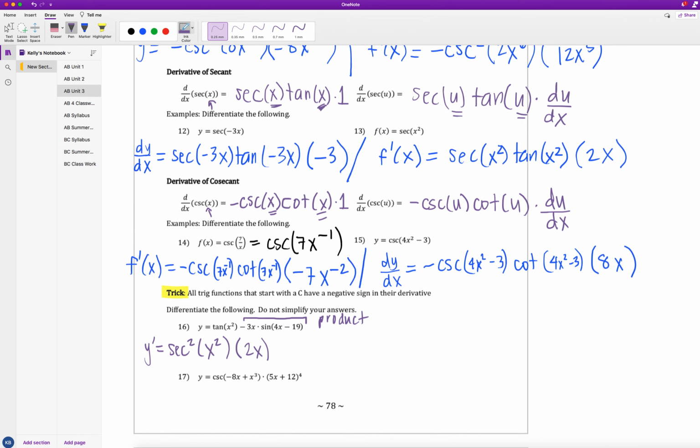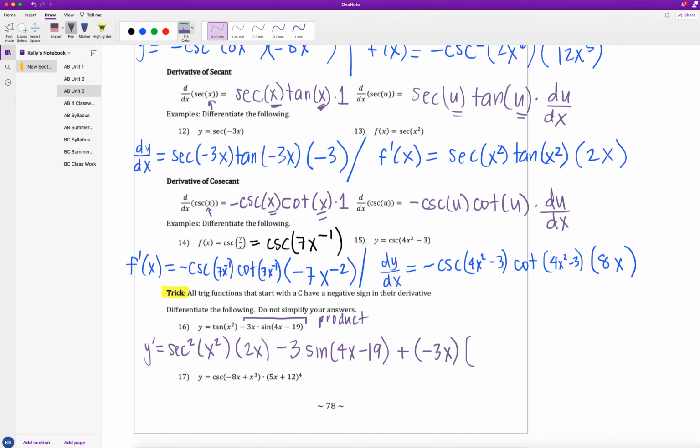I have a negative 3x as my first function times the sine function. The product rule tells me that I take the derivative of the first function, so the derivative of negative 3x would be negative 3. Keep the second function the same, so the sine function just gets rewritten, plus technically the first function rewritten, which is negative 3x, times the derivative of the second function.